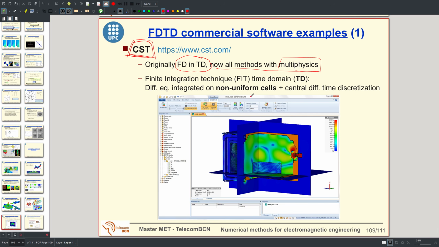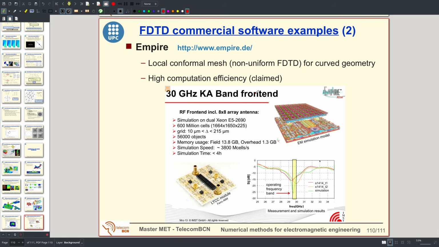And they use a technique to model the structure using non-uniform cells that they call finite integration technique in time domain, but it is a kind of FDTD for non-uniform cells.